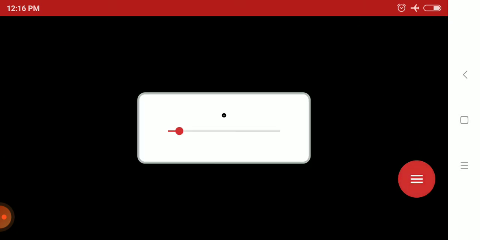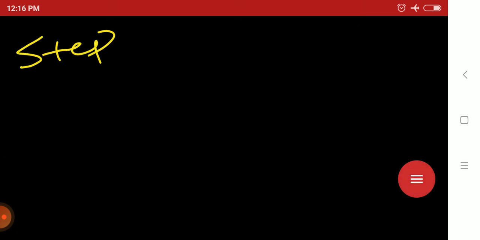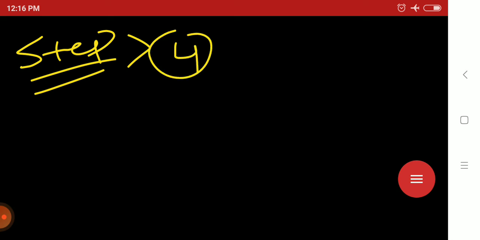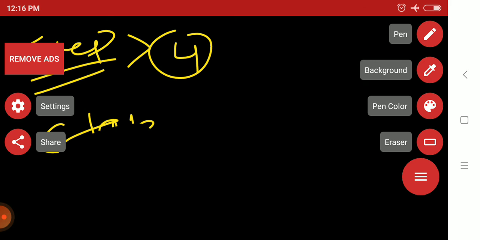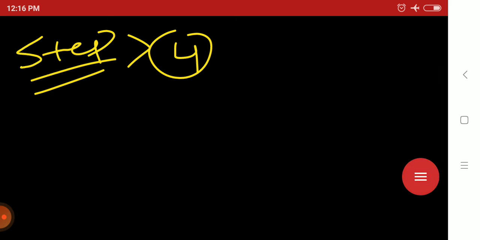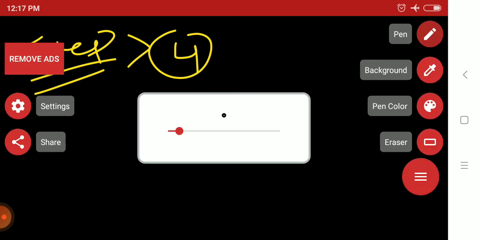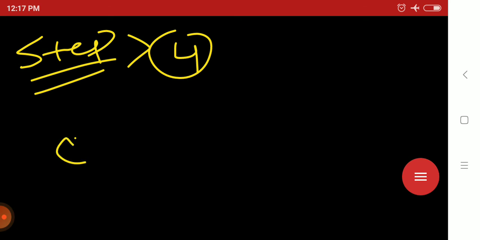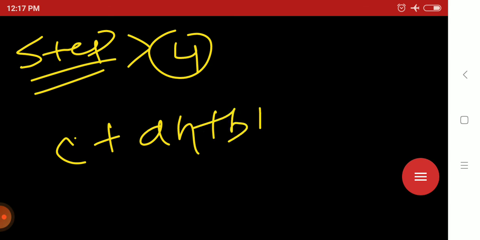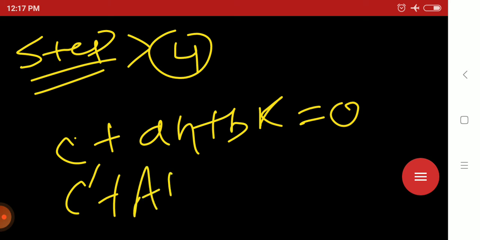After the third step, step 4 is that you have to put c plus ah plus bk equals 0, and c prime plus Ah plus Bk equals 0.